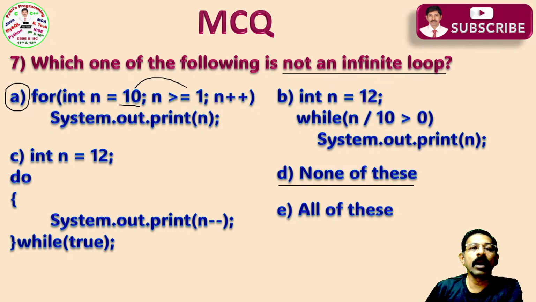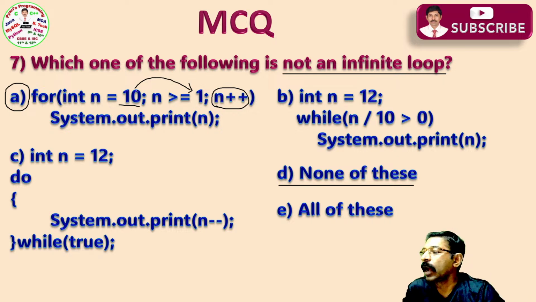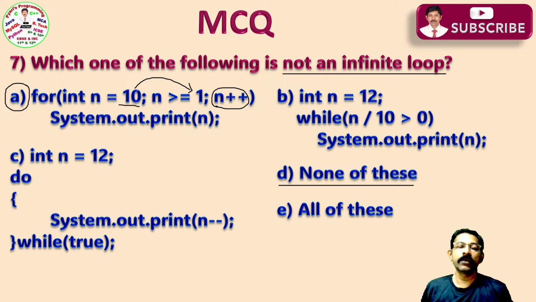Ten is greater than 1, it is true. And because of this n plus plus, it is an infinite loop because it will always increase. It is always going to increase, hence it becomes an infinite loop.